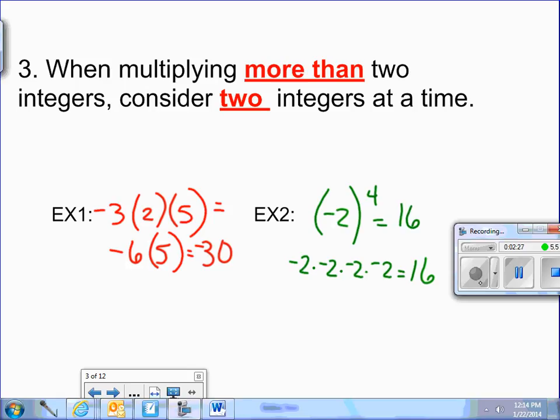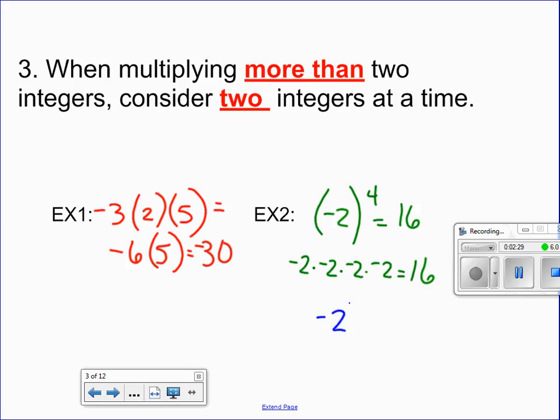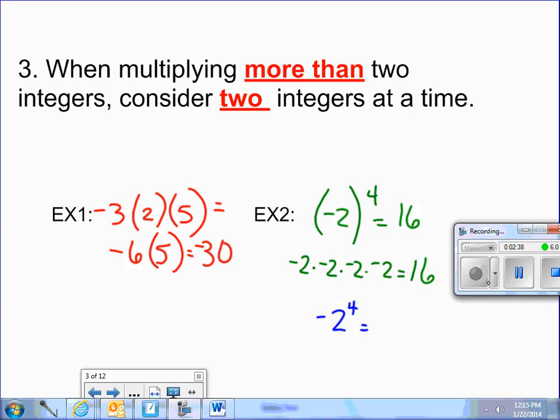Now let's note the difference. What if I had something that looked like this, to the 4th power? Since the second example in blue does not have parentheses, that is understood as just the 2 is to the 4th power.